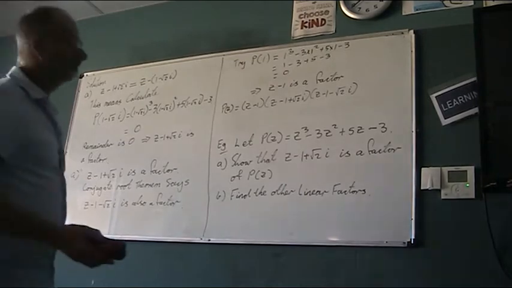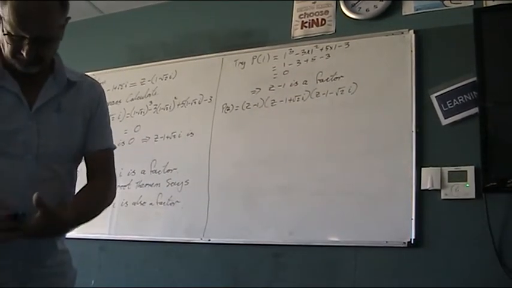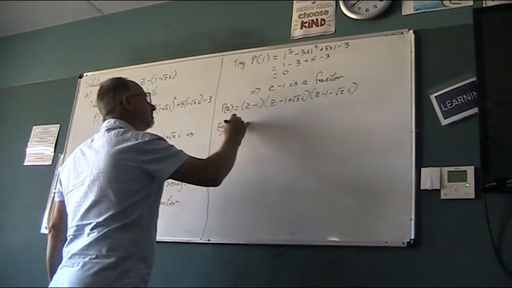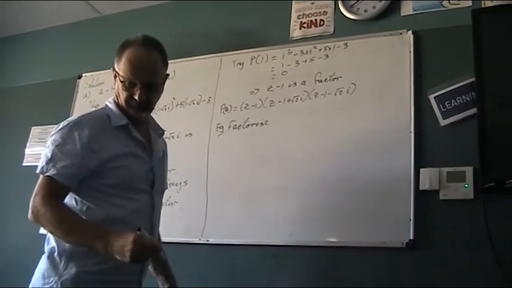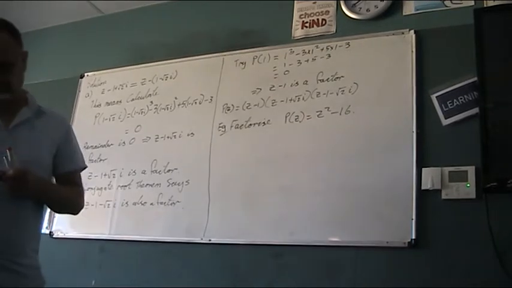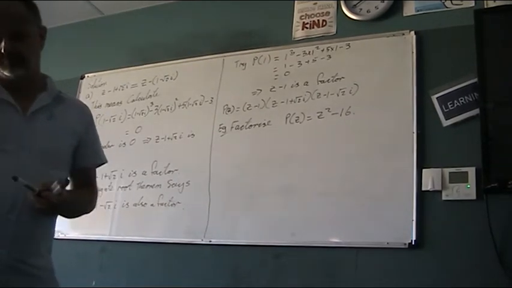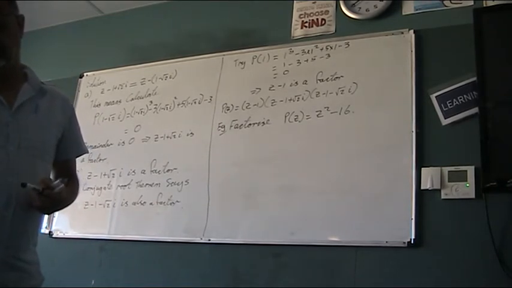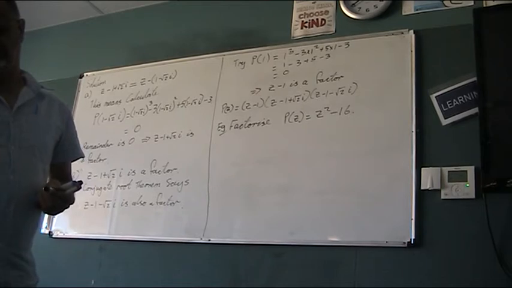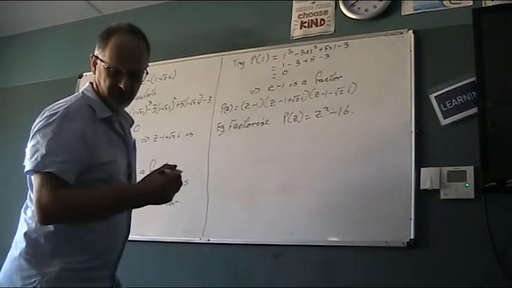Another example. A couple more examples. z to the 4 minus 16 looks like a difference of perfect squares.